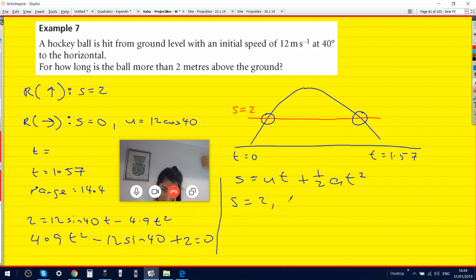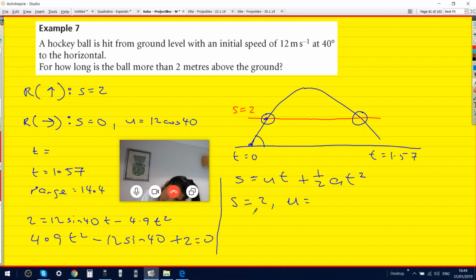What is u? 12 sine 40. U is 12 sine 40 down here when t is 0. Because we have negative acceleration, it's going to be slower here. So what's u? U will be v in between those two. So what's u?